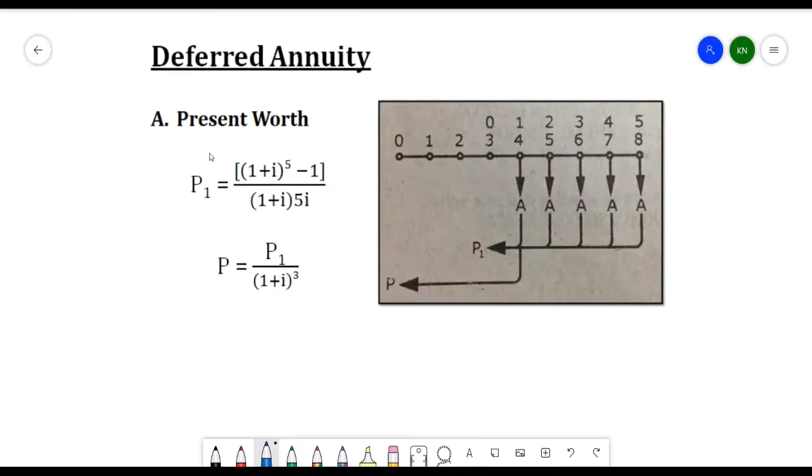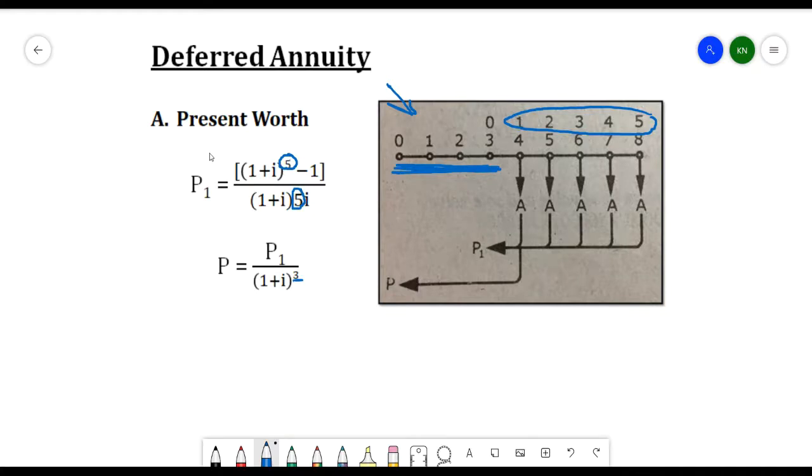For example, here is a cash flow, and we are looking for the present worth. As you can see, there are 3 years that have no payments made, and there are 5 payments.